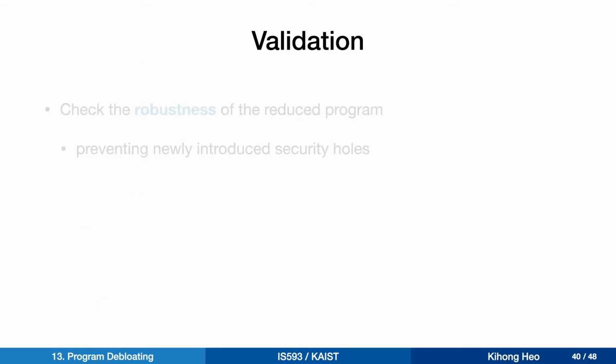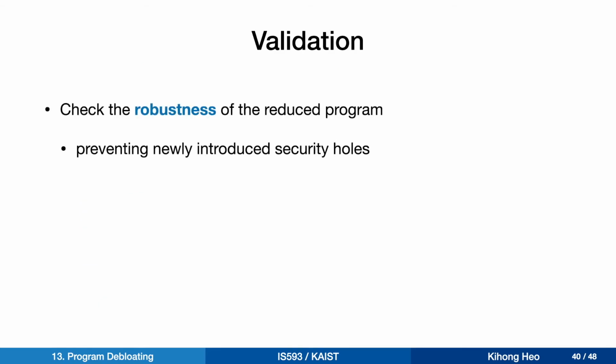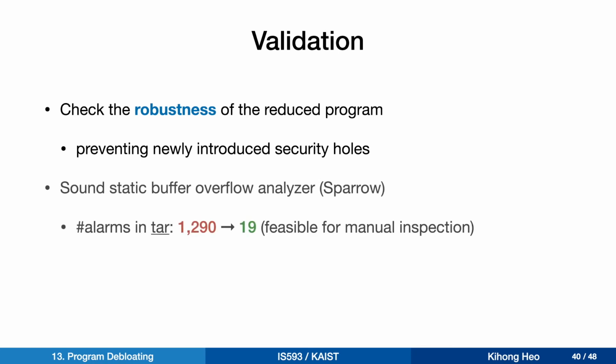So here, the Chisel system checks the robustness of the reduced program to prevent newly introduced security holes by the reduction. It will use static and dynamic analysis. The validation process first runs a sound static analyzer, especially for this case, a sound static buffer overrun analyzer.